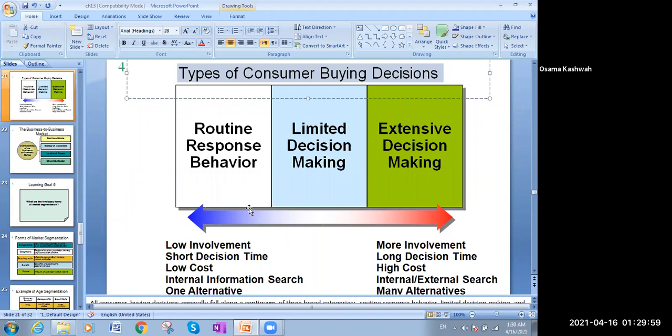Or if you buy water, you don't buy very big stocks. You buy one bottle, two bottles in your hand every day. So all those have a routine response behavior. This is limited decision making. And we have extensive decision making in this.